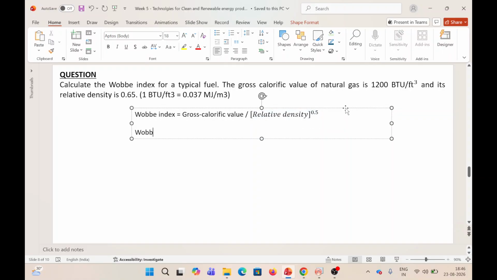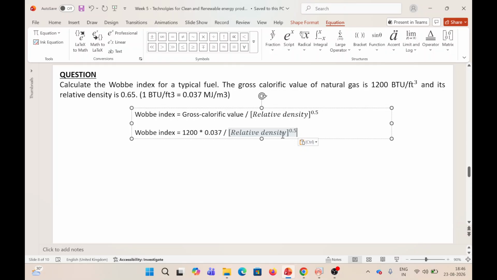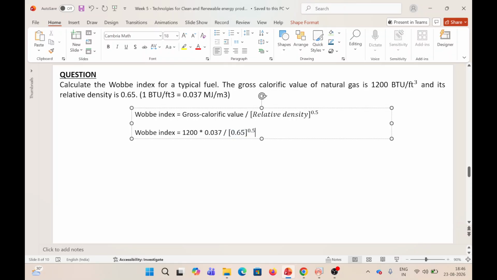So the index is equal to gross calorific value, 1200 times 0.037, the whole divided by 0.65 power, where 0.65 is the relative density, so that whole power 0.5.